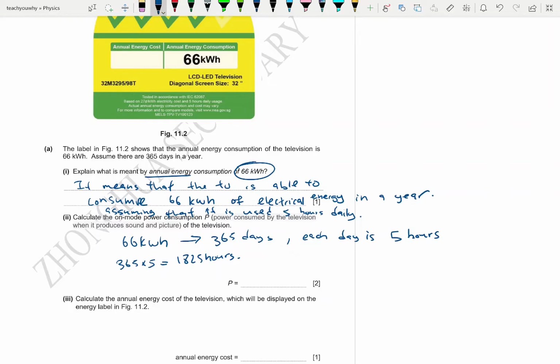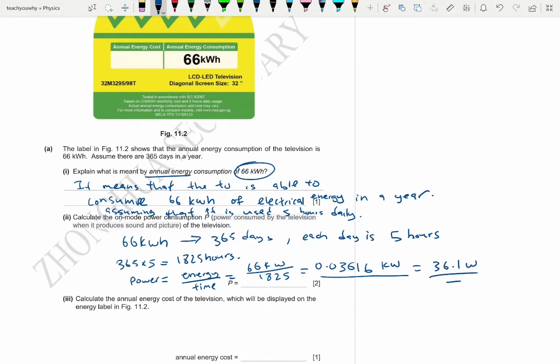The power is equal to energy divided by total time. Therefore, we have 66 kilowatt hours over 1825, so you get 0.03616 kilowatts, which works out to be 36.1 watts.